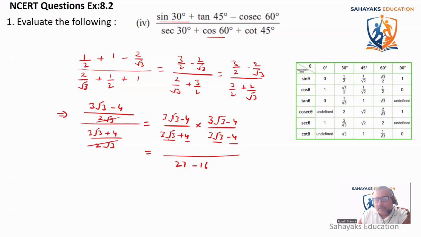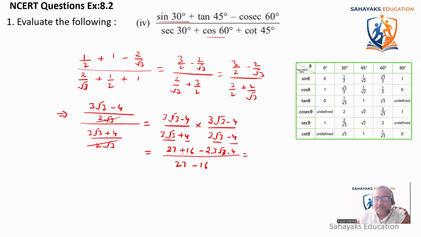Now, in the numerator, it is a minus b into a minus b. That is a square plus b square minus 2ab. So a square is 27 plus b square is 16, minus 2ab. So minus 2 into 3 root 3 into 4.